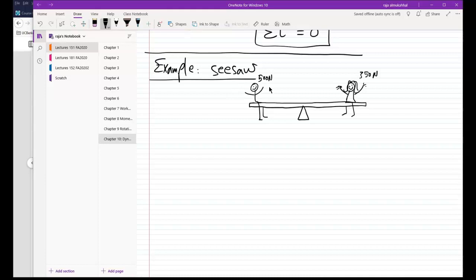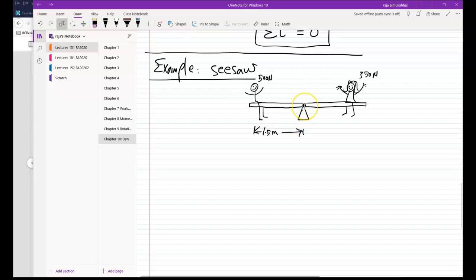And let's assume that the boy, the brother, is 1.5 meters from the fulcrum. The fulcrum is basically right here. So you can imagine that everything is balanced about this point right here, like an axis of rotation. This axis, as you look at it, is actually going through and between your eyes, so it's going in and out.